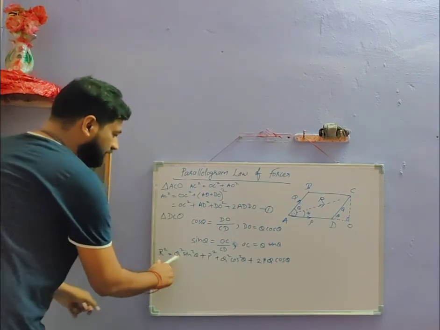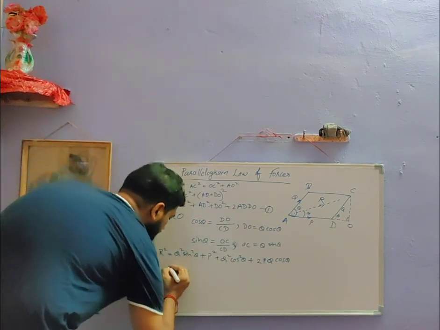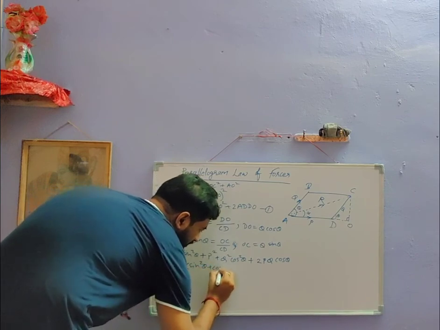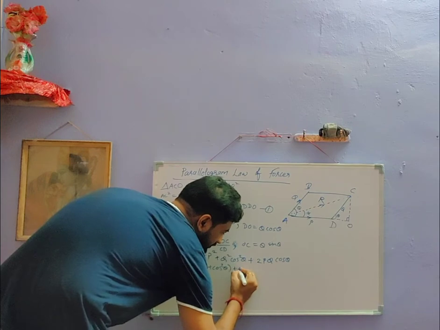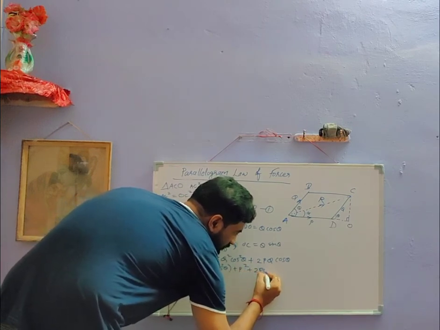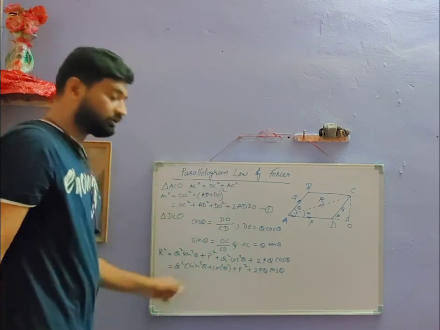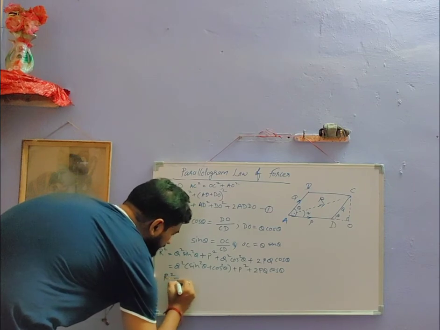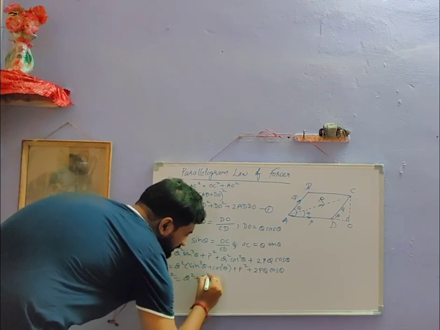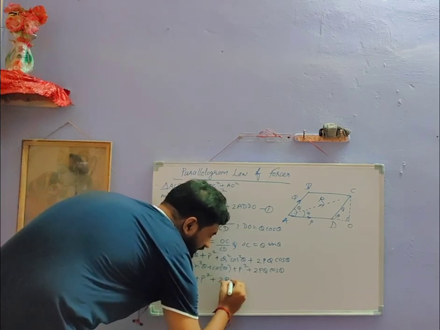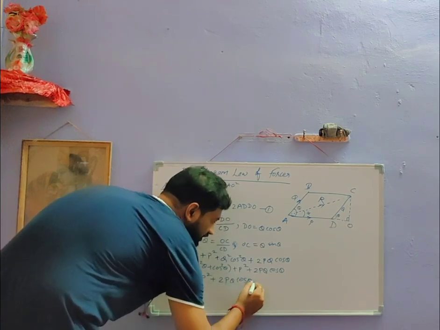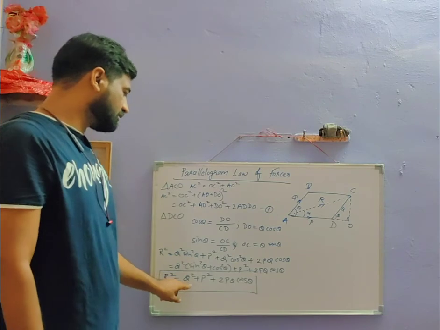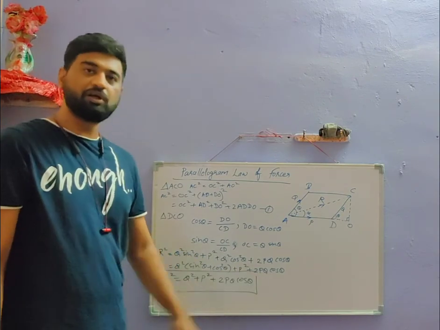Now take Q square common from these two: Q square (sin square theta plus cos square theta) plus P square plus 2PQ cos theta. Since sin square theta plus cos square theta is equal to 1, overall we get R square is equal to Q square plus P square plus 2PQ cos theta. So this is the magnitude of the resultant.